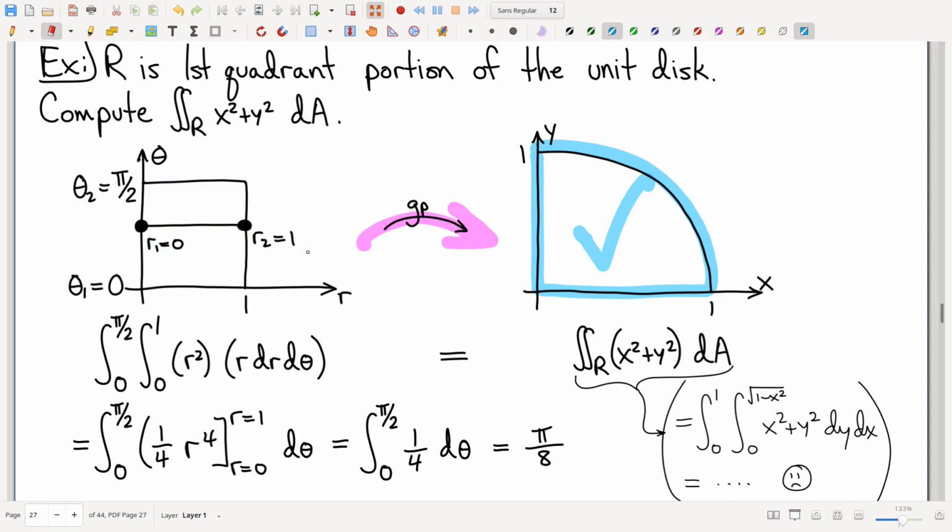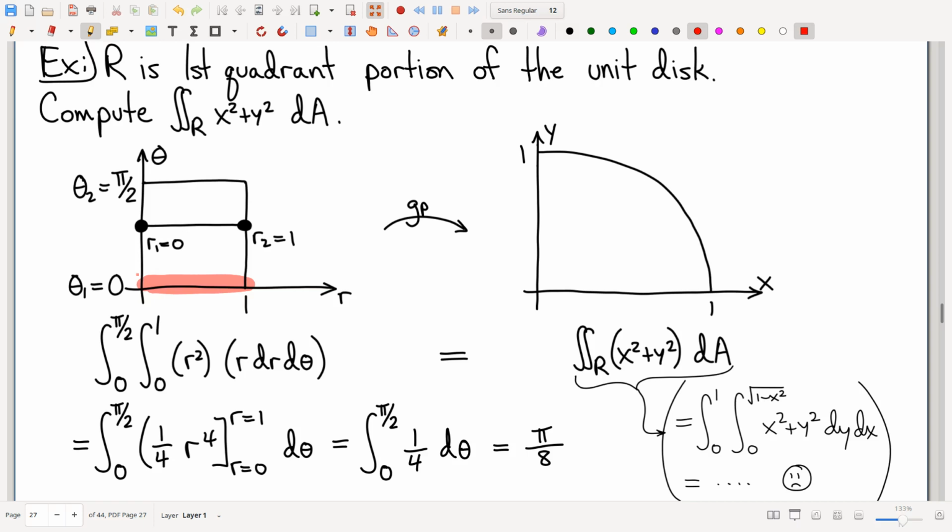Okay. All right. I claim it's this rectangle. Let me try to argue for you that this is the pullback domain. Let's take this one edge at a time. I'm going to start with this edge right here. What happens? I look at this edge.